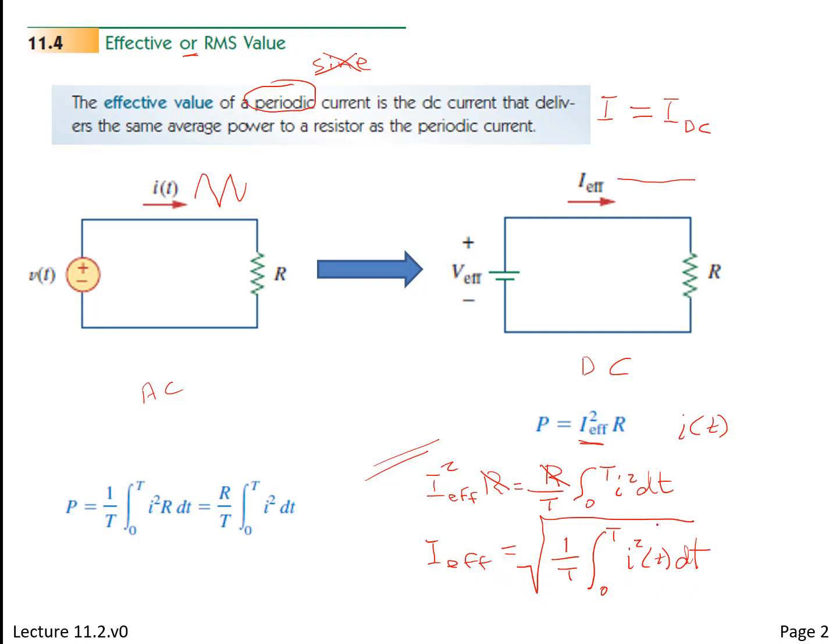So here's the root, the square root of the average value of the squared term. Okay? So what am I doing here? I squared the term right there. Then I took the average value, then I took the root of it. So that's why we get root mean square.